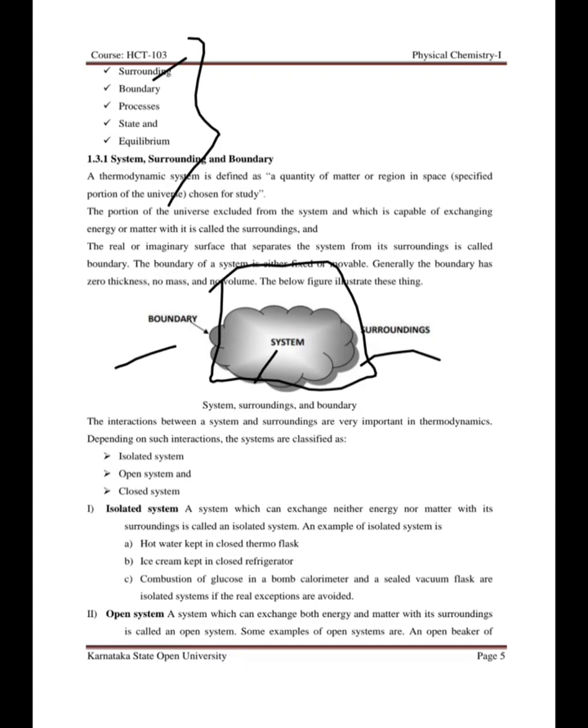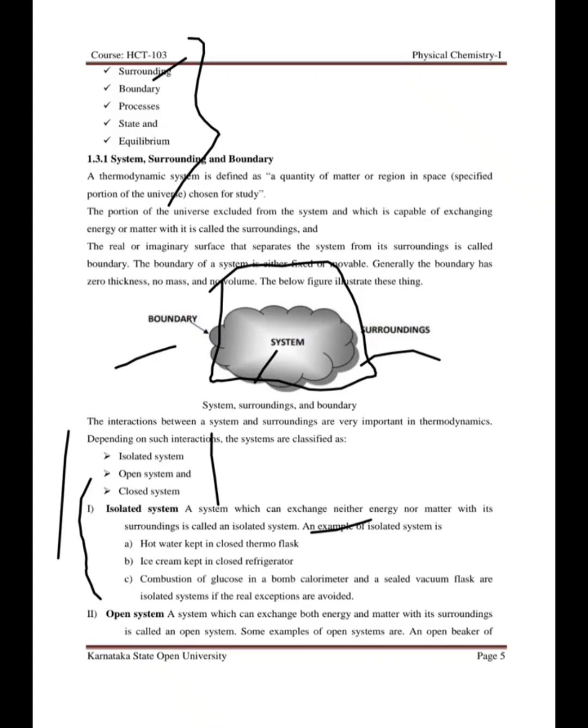There are three different types of systems: isolated system, open system, and closed system. The words themselves give the meaning. What is an isolated system? A system which can exchange neither energy nor matter with the surroundings.